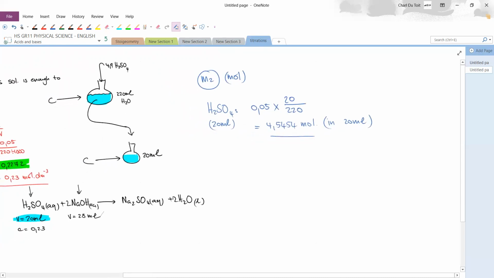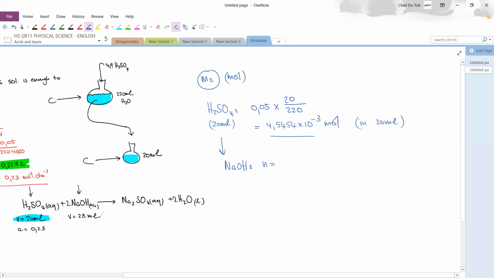Then I can go to my sodium hydroxide and say, look, the mole is in a 1 to 2 ratio. Sorry, I've got a mistake here. I didn't write times 10 to the power of minus 3 with the mole. So that is times 10 to the power of minus 3 mole.